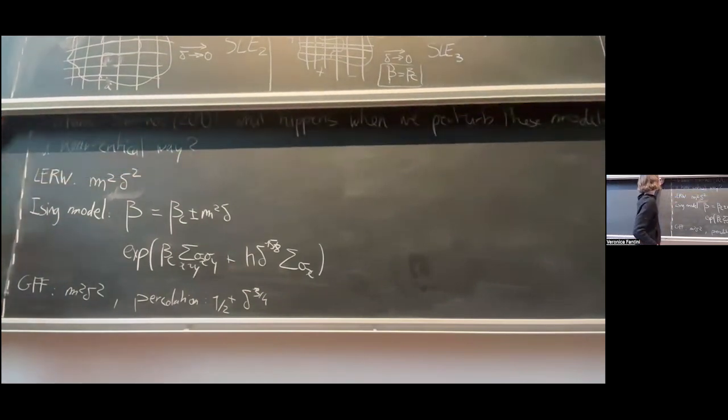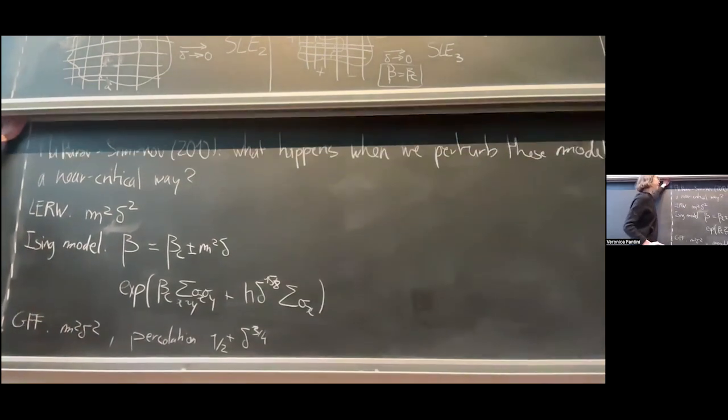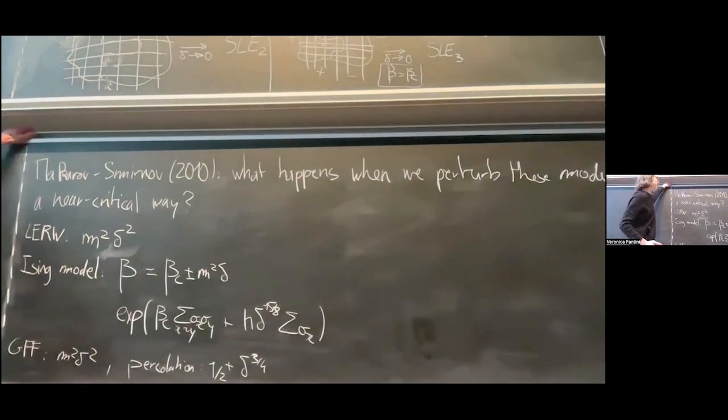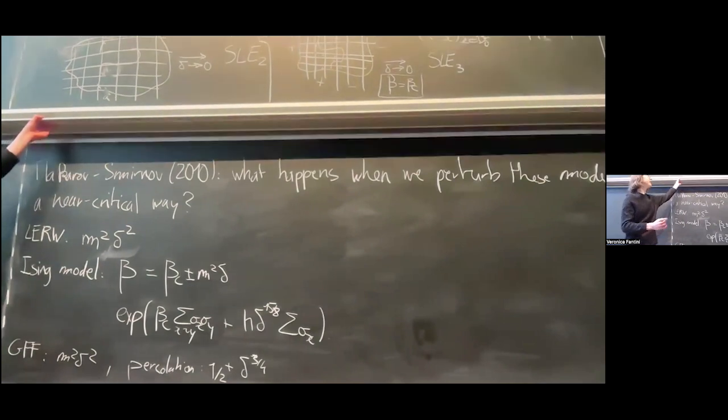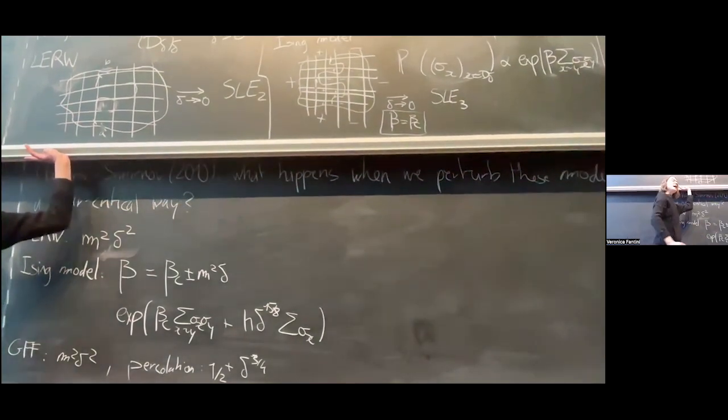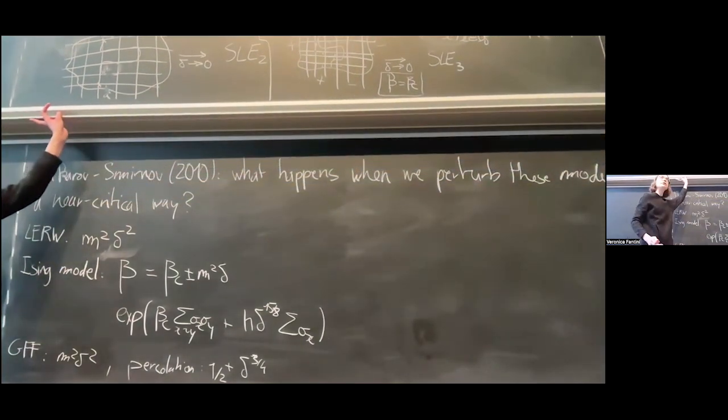And Makarov and Smirnov conjecture that you could still describe the scaling limit of interfaces in the system via some kind of SLE type object, except that you would lose conformal invariance.